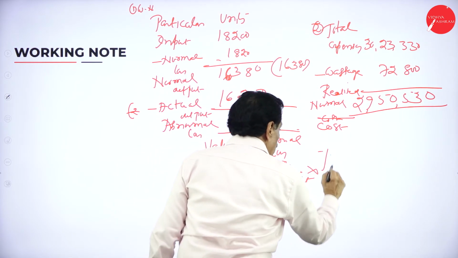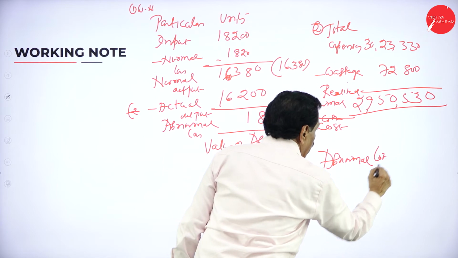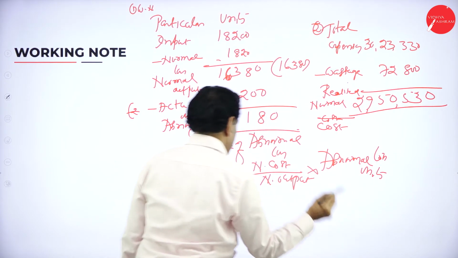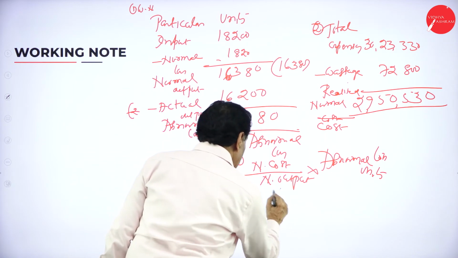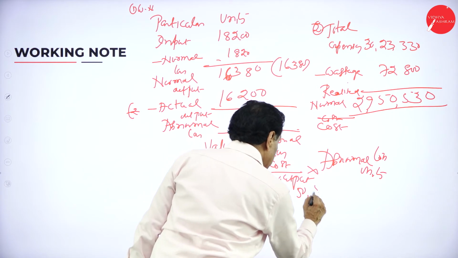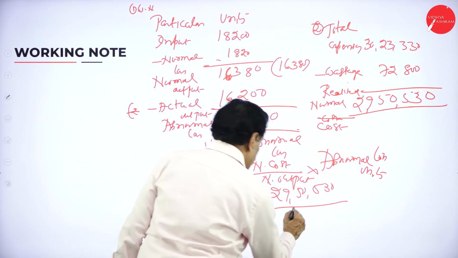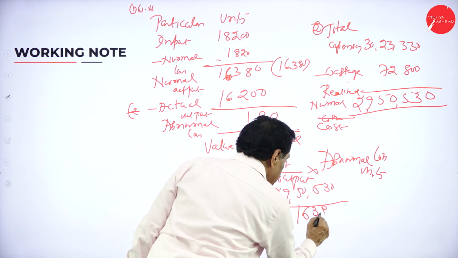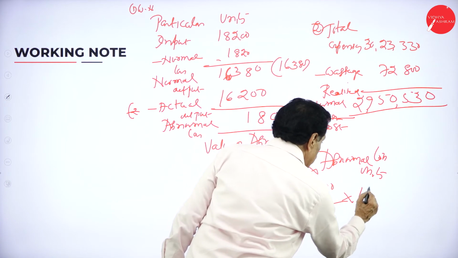Value of abnormal loss is normal cost divided by normal output, multiplied by abnormal loss units. The normal cost is 29,50,530, normal output 16,380, abnormal loss units 180.